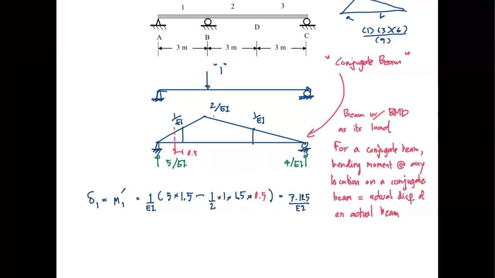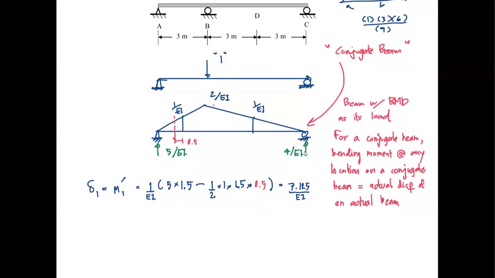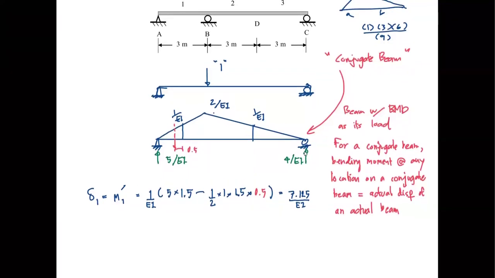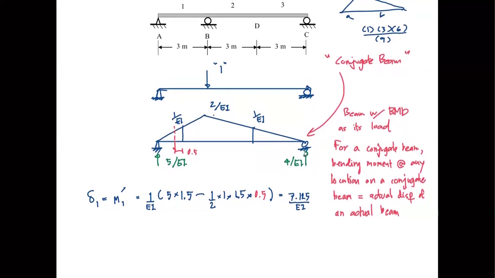And we can now repeat the procedure. Displacement at location B, where we remove our reaction, is going to be the moment of the conjugate beam at B, which is equal to 1 over EI. Reaction is 5 multiplied by the moment arm. At B, the moment arm is now 3. Minus this triangle, right?